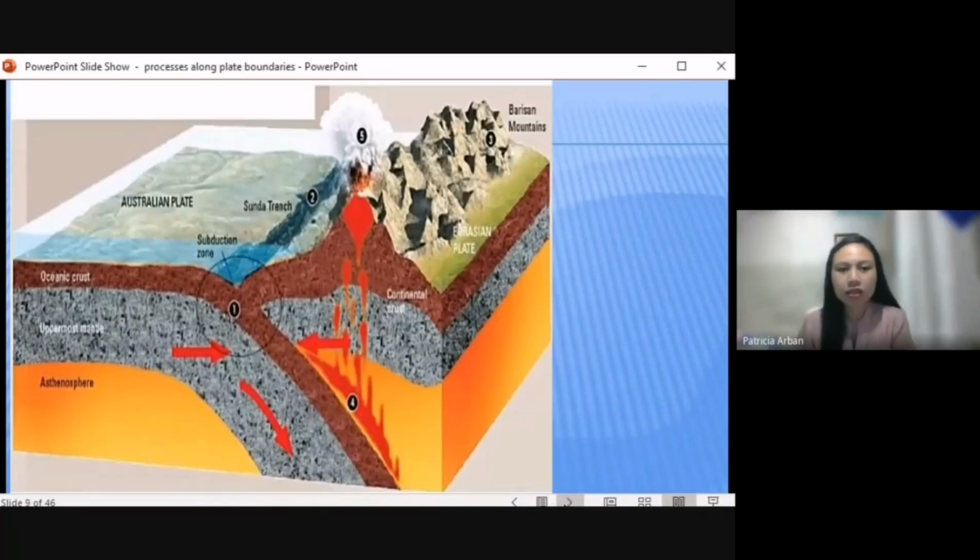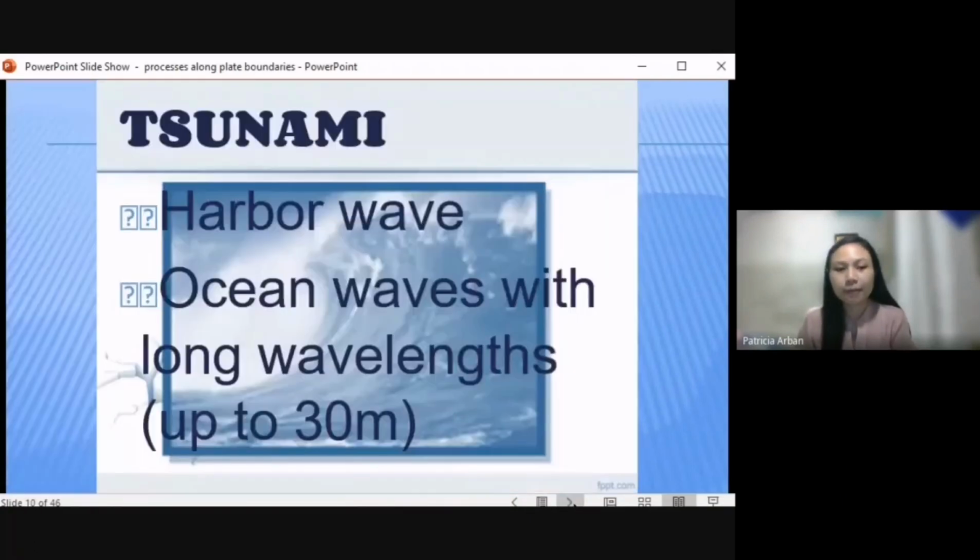Ayan, so nasa subduction zone? Yung tinuro natin kanina, that is this part. Okay, and then tsunami, it is also called as harbor wave, which has 30 meters long na wavelength. Ayan.